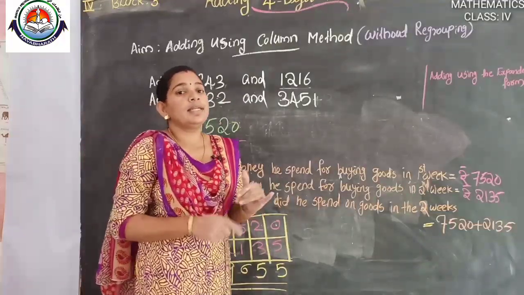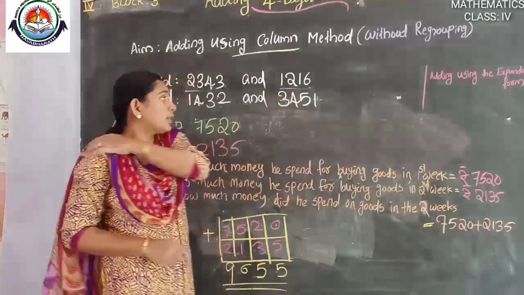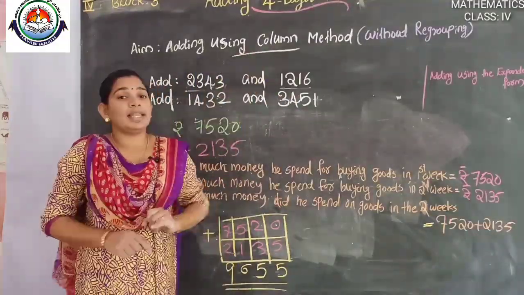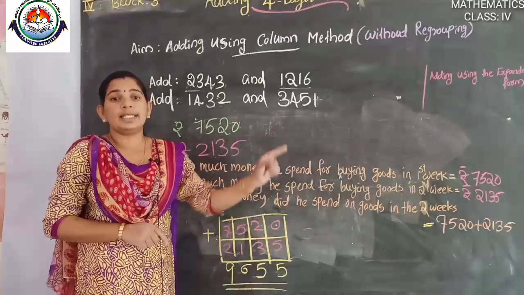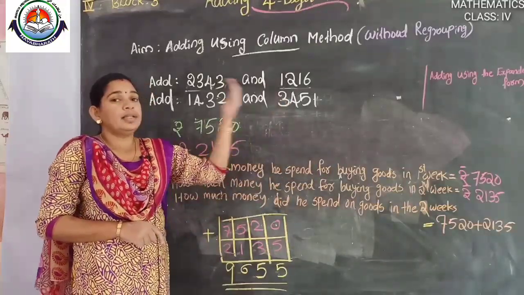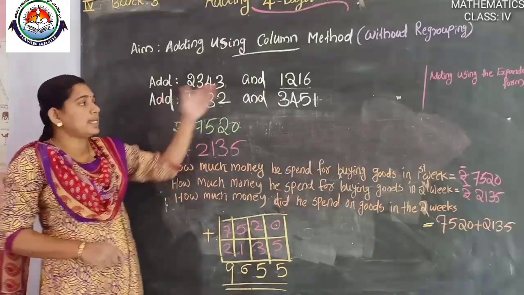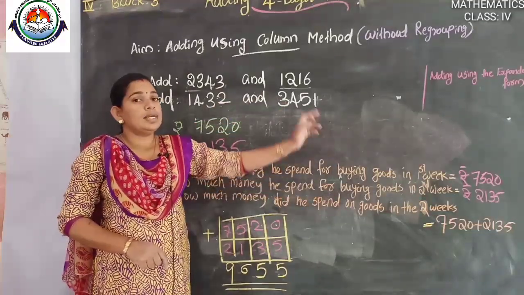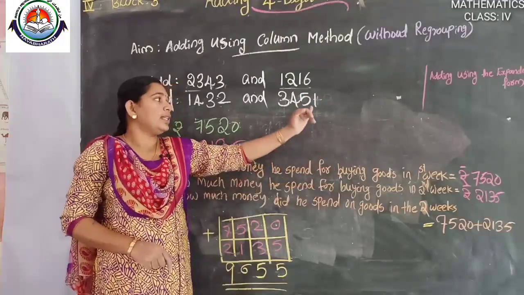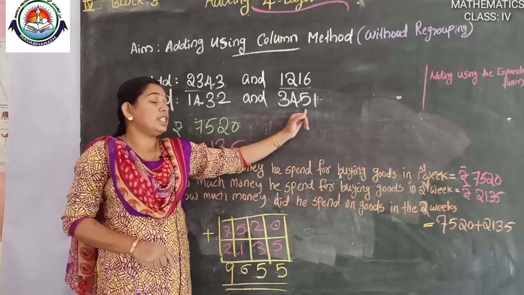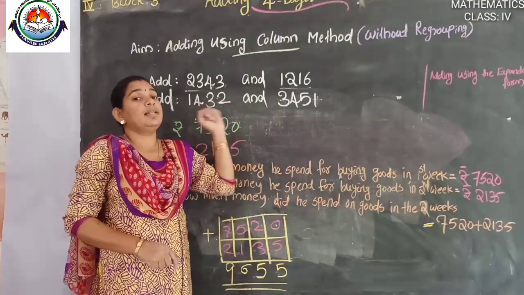We will revise the topic adding using column method. We draw a column from the right side, ones place number you are writing, then tens place, then 100 place, then 1000 place. Then the second number down, right side first you write the ones place digit, tens place digit, then 100 place, then 1000 place.